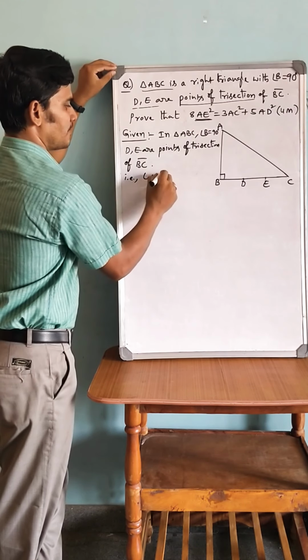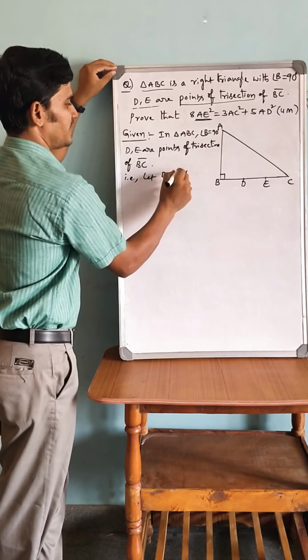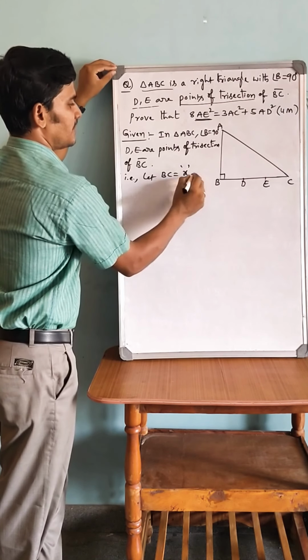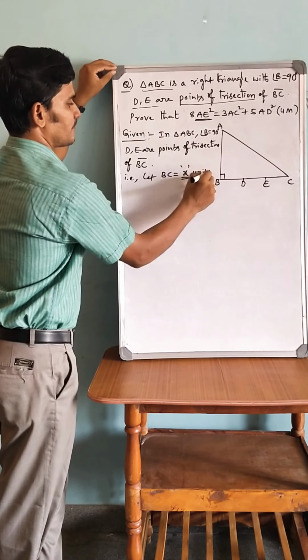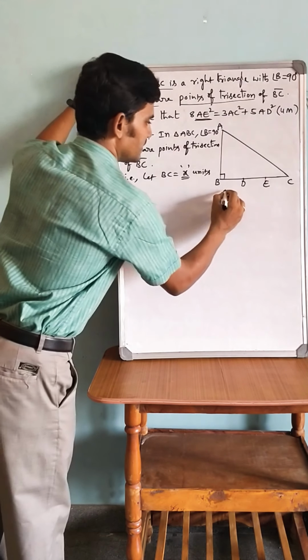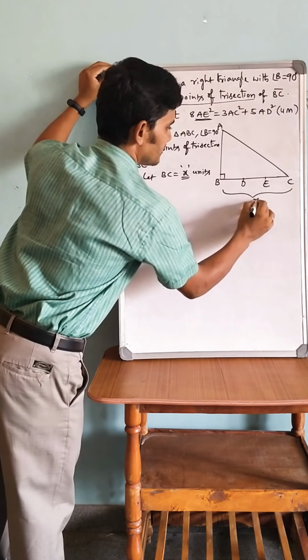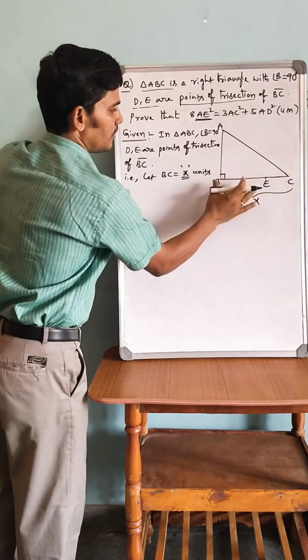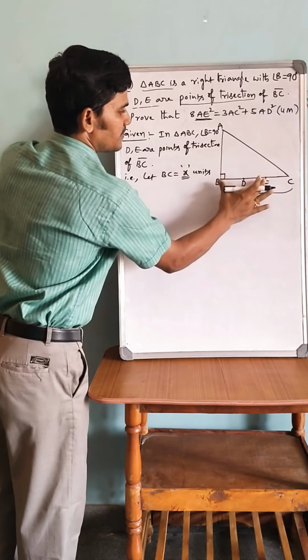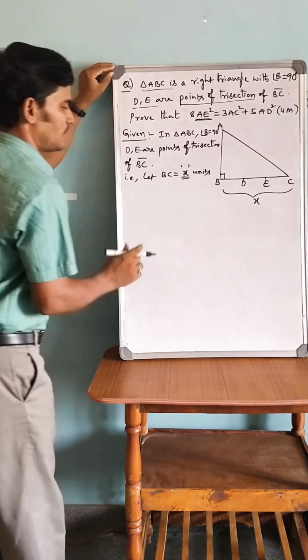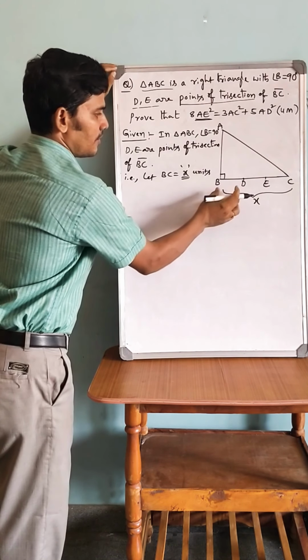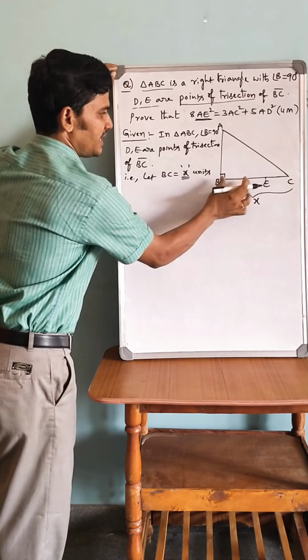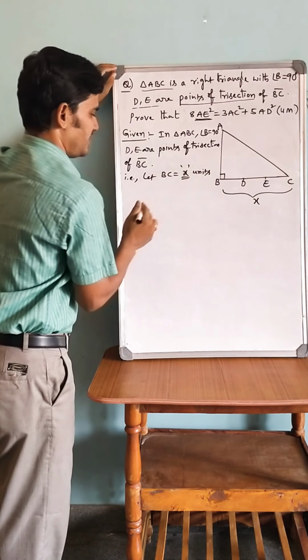Let BC be equal to some x units. If you take this total length as x, BD is 1/3 of x, and BE becomes 2/3 of x. So let us write the values of these lengths BD and BE in terms of x.